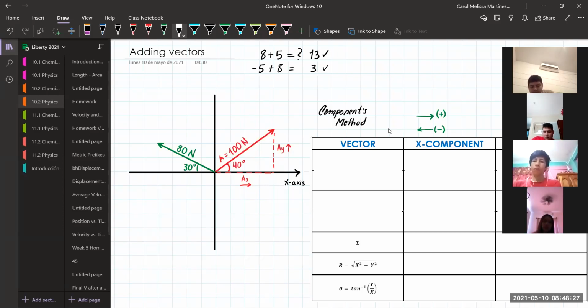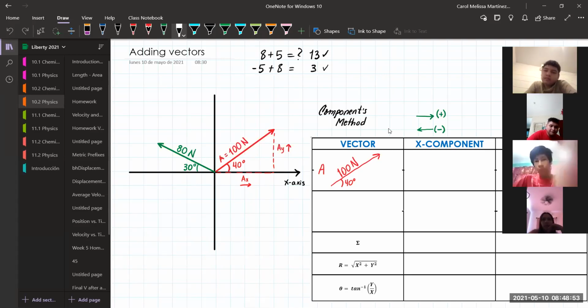I have two vectors in my Cartesian plane. So what I'm going to do is put them right here. My vector A is just an arrow that has an angle of 40 degrees and measures 100 Newton. That's my vector A. I'm just including the most important information over there.